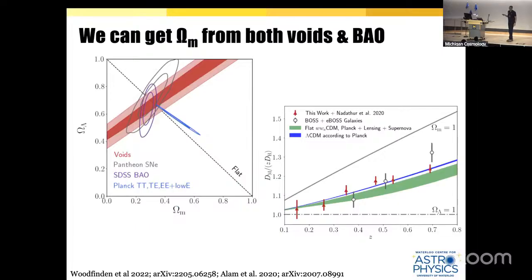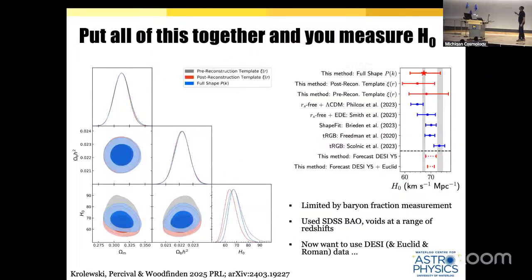Voids, BAO, Alcock-Paczynski give us omega m. Put all of this together and you've got a stage 2 analysis, which is a practical application of this. And our value of H0 lies exactly between the current tension values. But this is just with SDSS. With DESI, with Euclid, we will do better.